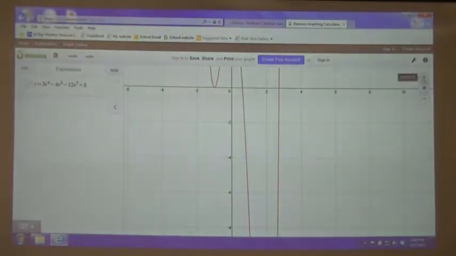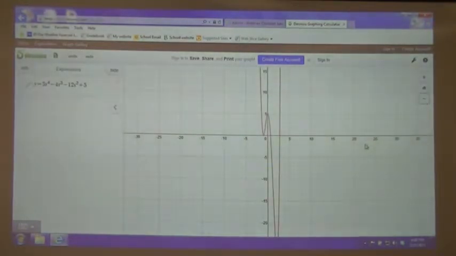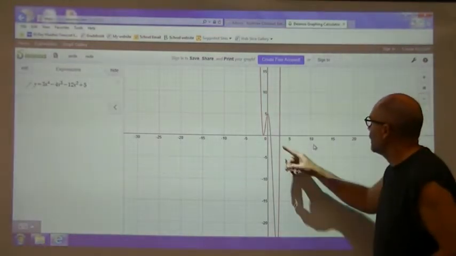And let's zoom out just a little bit. Okay, so what we're looking for is the point of maximum steepness on the way down here.